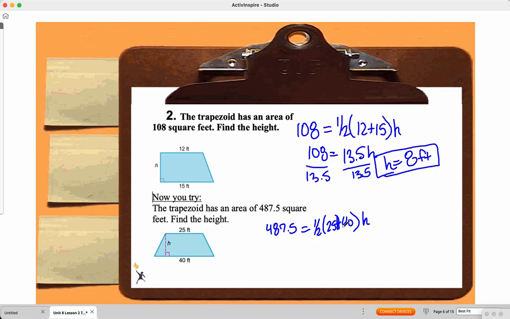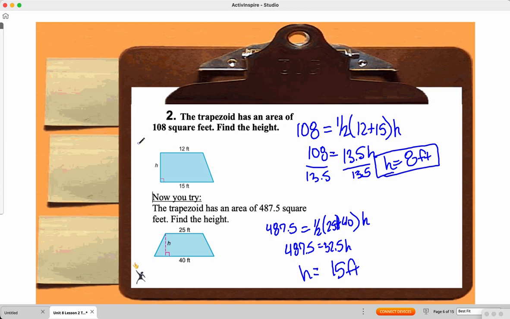Again, same basic idea. So this time we'll go one more step. 487.5 equals, that's 65. Half of 65 is 32.5, 32.5 h, and then divide both by that. You get h is equal to 15 feet.